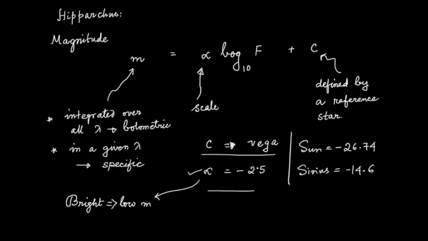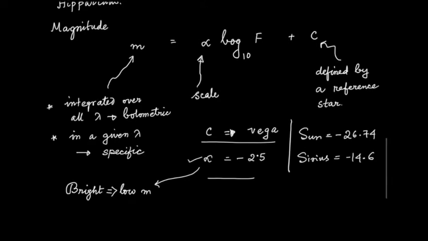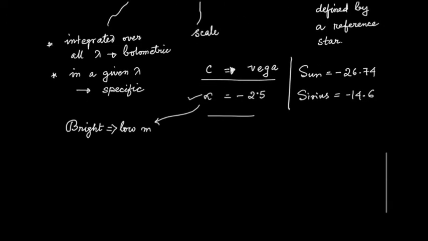Because you see, just like I may have defined a bolometric magnitude here, I can define a magnitude which I call m lambda. What will be now m lambda? M lambda will be minus 2.5 log of flux at that lambda plus some zero point at lambda.